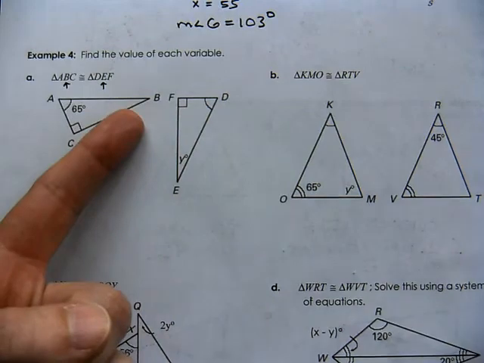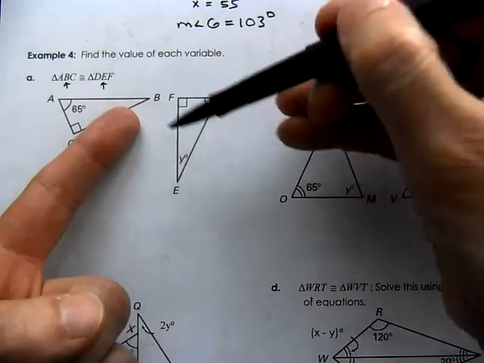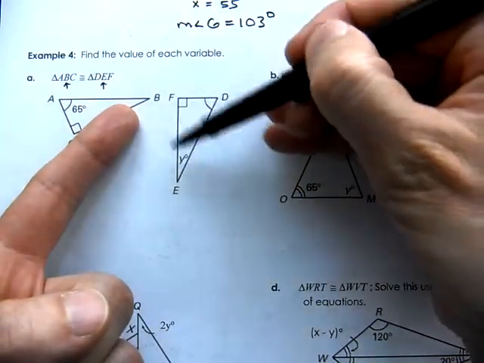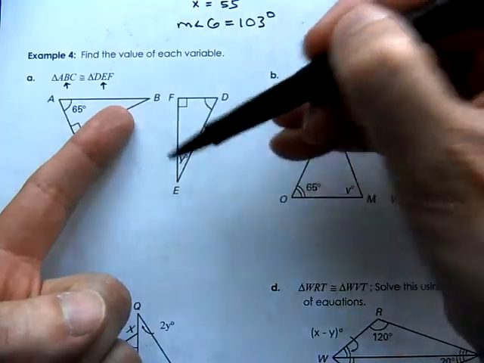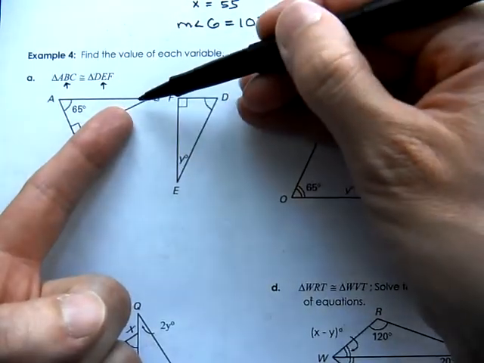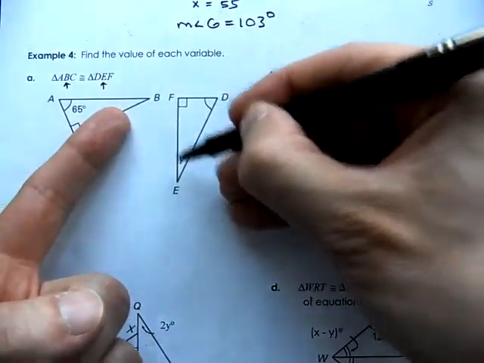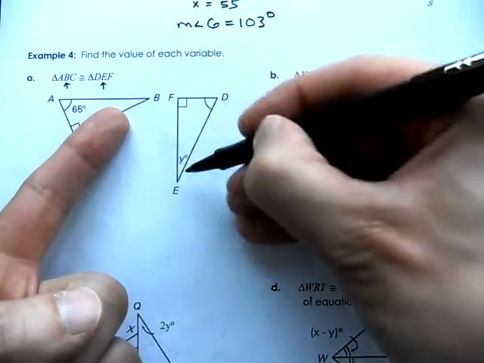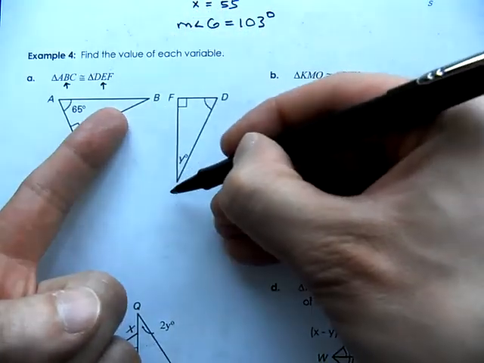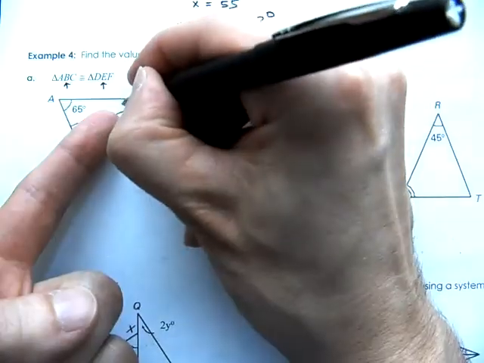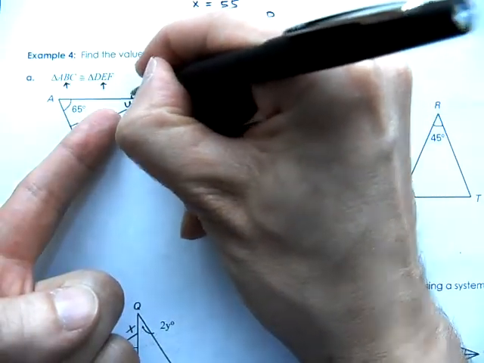There it is. I don't have a number there. Normally, if I had a number, I could just say, oh, y equals that many degrees. But this is missing. So what we're going to do is transfer the information. If angle E is y degrees, then angle B is also y degrees.